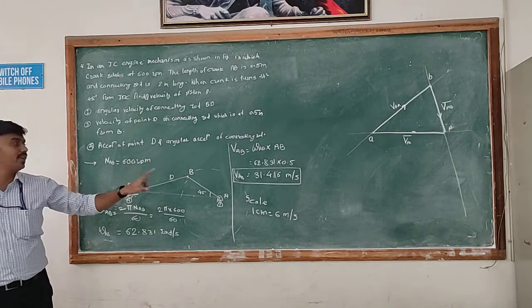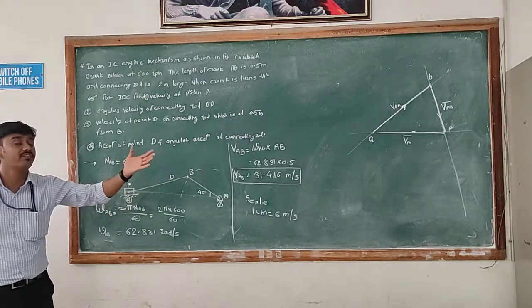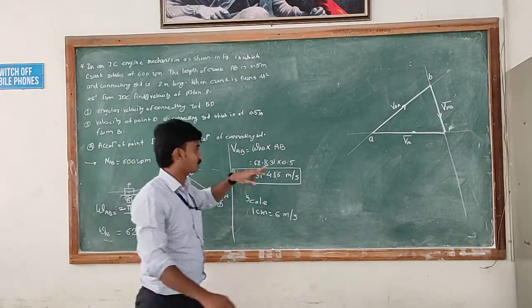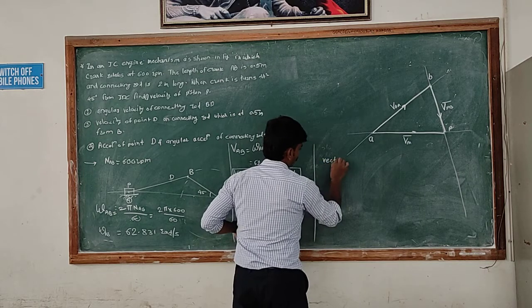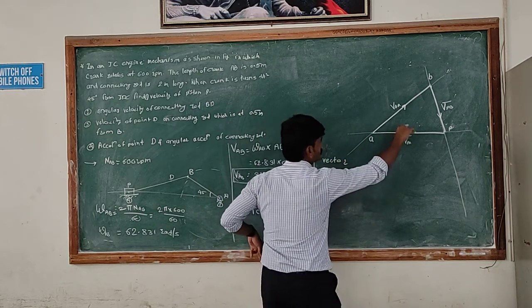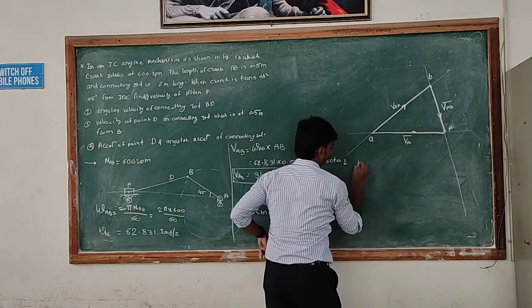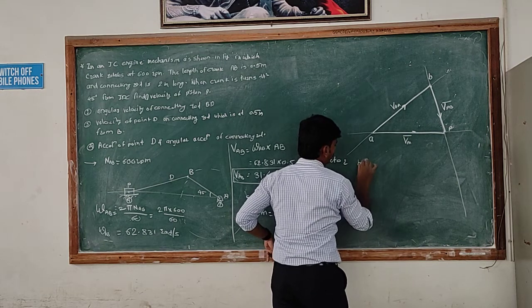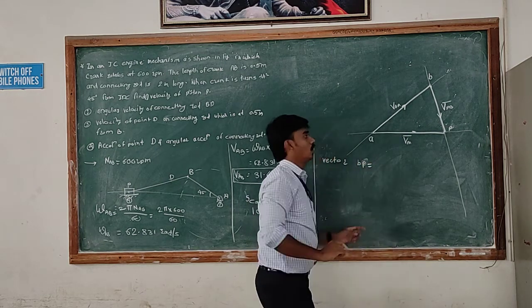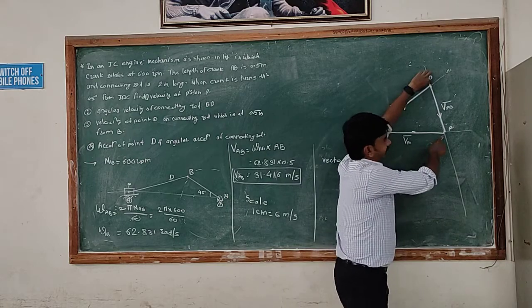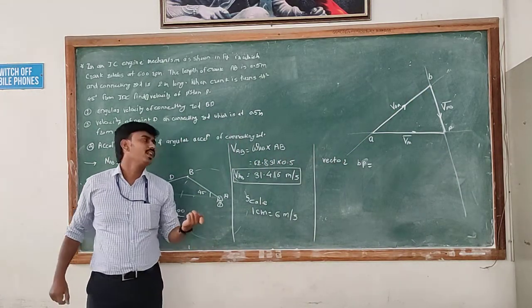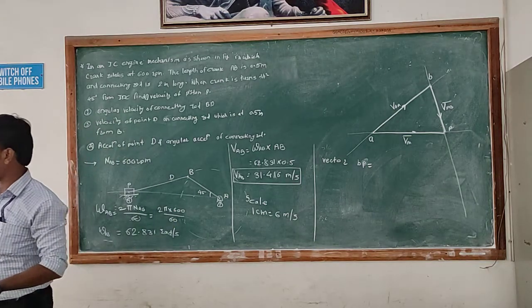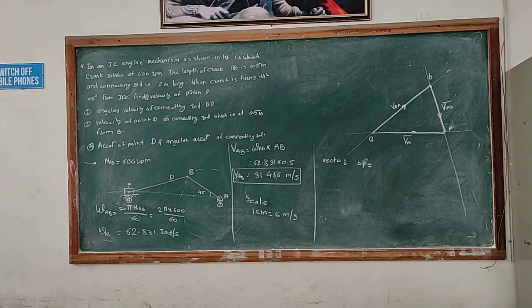Before finding where the point D will lie, first of all measure the vector B to P. Measure this vector length by using a protractor or a scale.